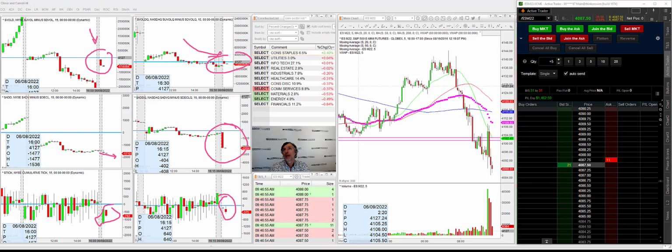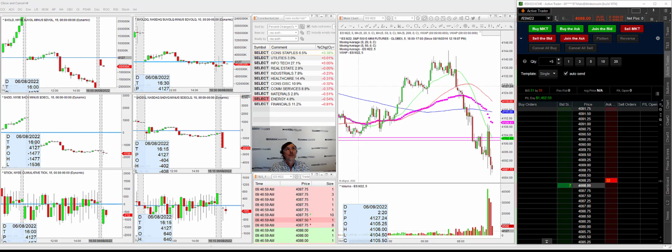And we've got the weighted AD is firmly negative and sectors are firmly negative, except that XLK is starting to catch a little bit of a bid here.